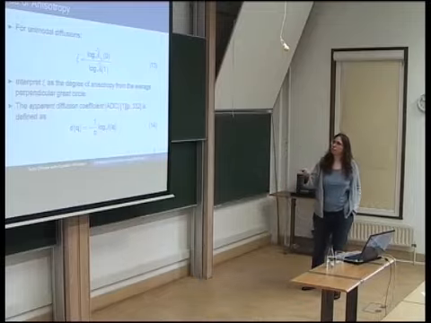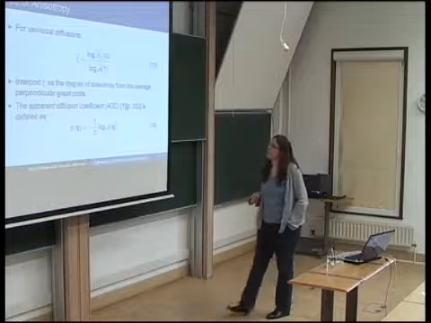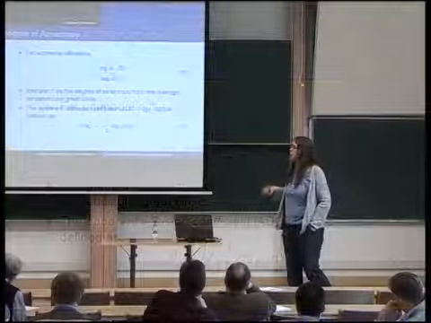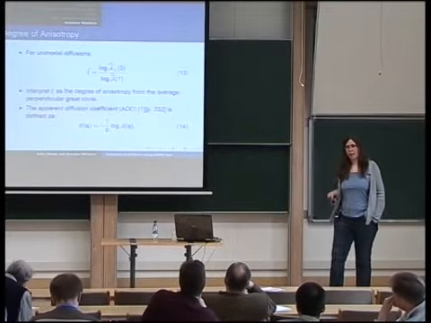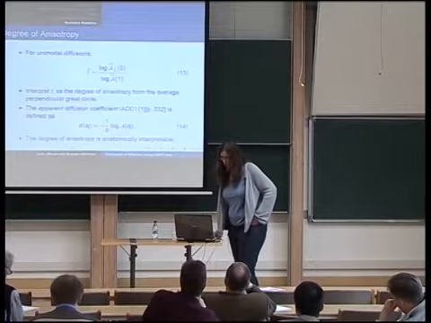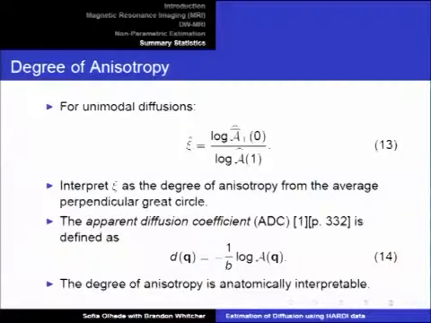So you can interpret this psi as the degree of anisotropy from the average perpendicular circle, and it turns out to be a ratio of things people are used to looking at, namely the apparent diffusion coefficient, which is looking at the apparent diffusion in a certain direction, with one major twist, namely we've averaged here, right? So we have these average perpendicular structure rather than having the non-parametric estimate of the diffusion without averaging. So that means that this parameter is anatomically interpretable, and people are used to looking at features like these from the diffusion.